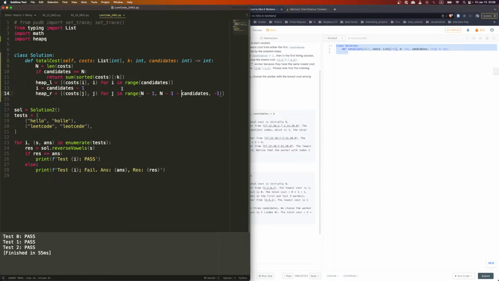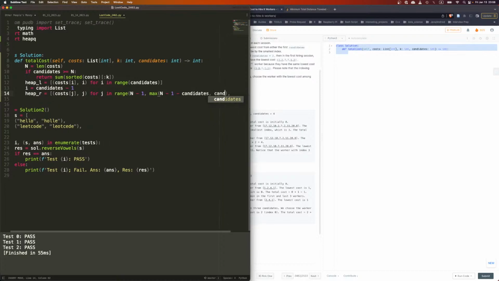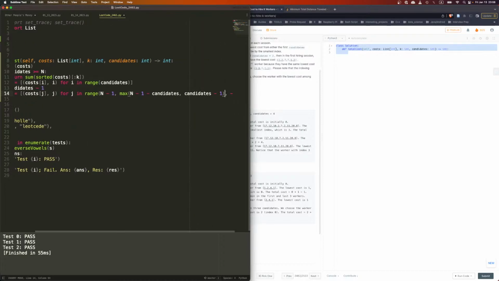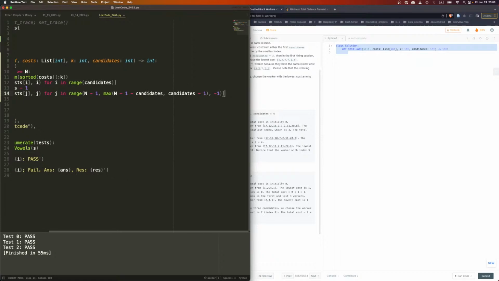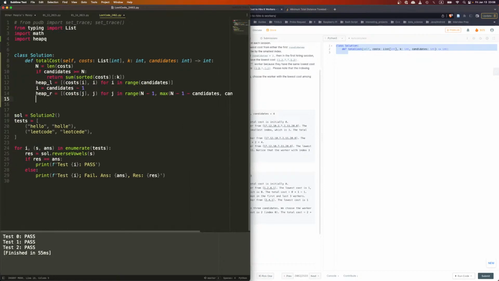But we have to take the maximum of this, because the candidates can pick into a certain position. So candidates minus 1, because candidates minus 1 you cannot take. You can take the one before it.